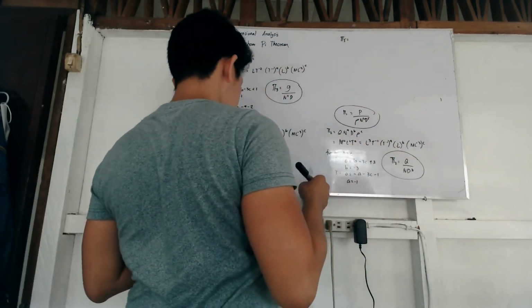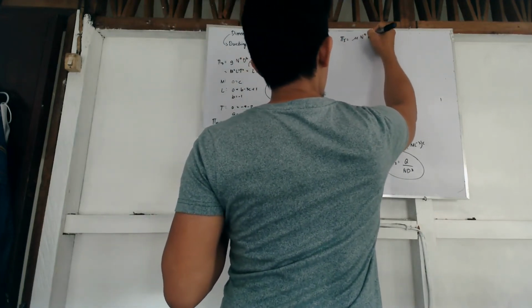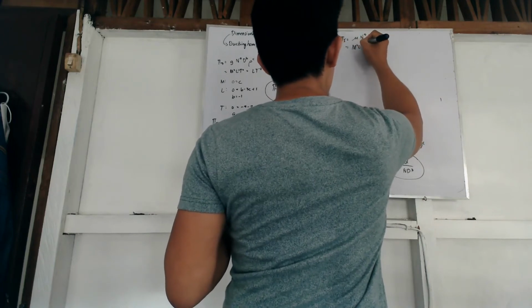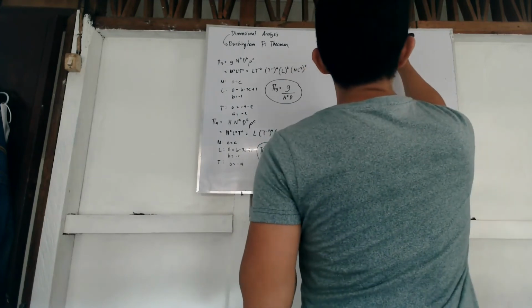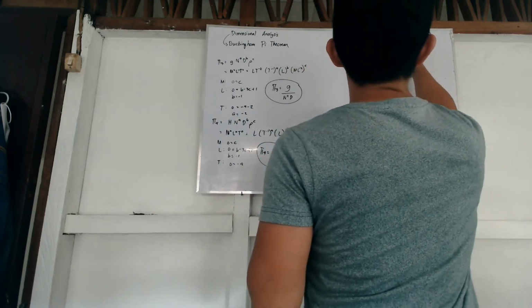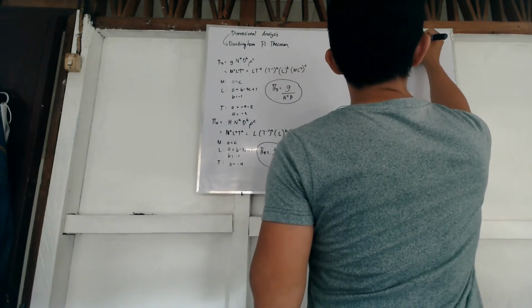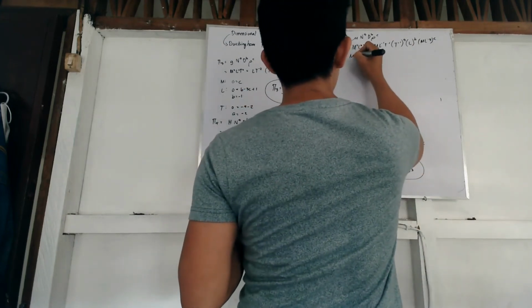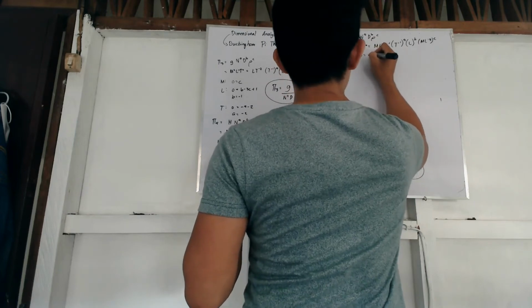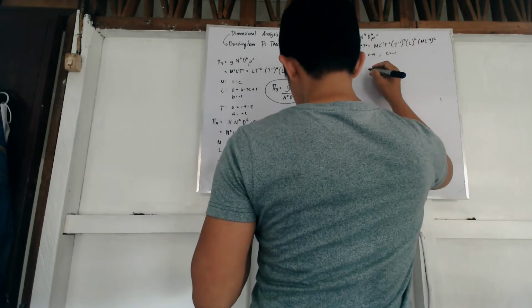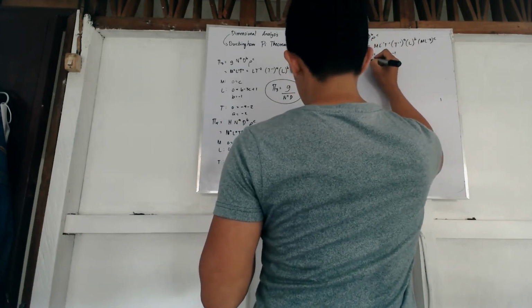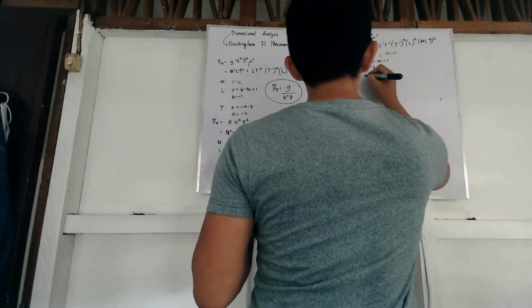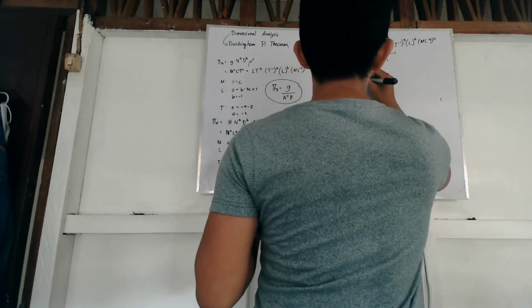Pi 5, mu. Okay? So, 0, C plus 1, C equals negative 1, L, B equals negative 2, T equals negative 1.